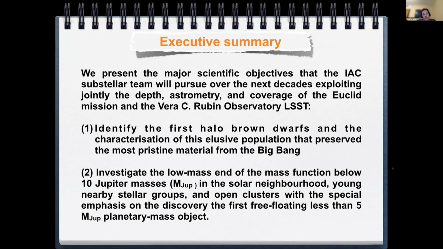On the other hand, we want to investigate the low-mass end of the mass function, mainly below the deuterium burning limit in the solar neighborhood, but also in young moving groups, open clusters, and star-forming regions, with a special focus on the coolest objects and members. If we can reach 1 Jupiter mass, this is our long-term goal.